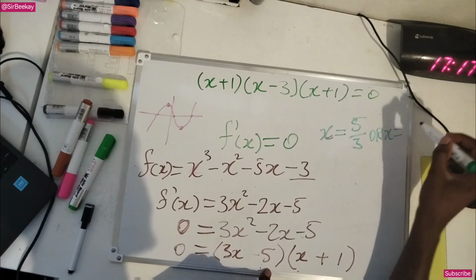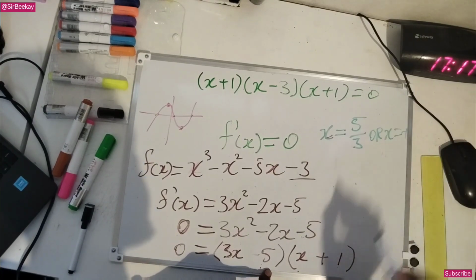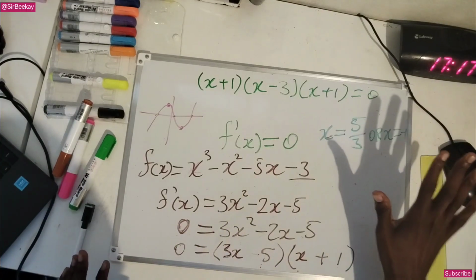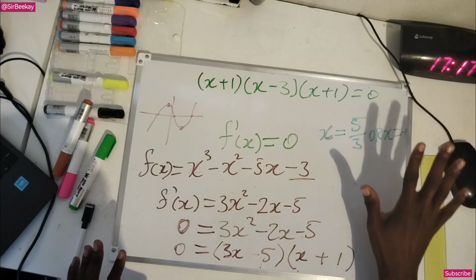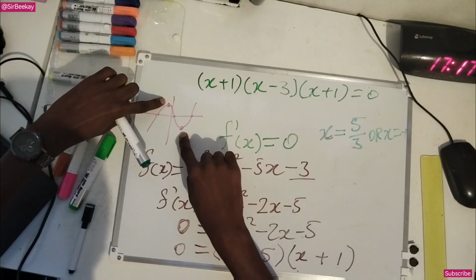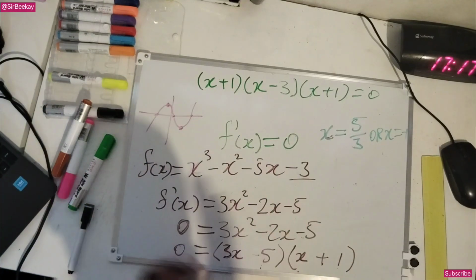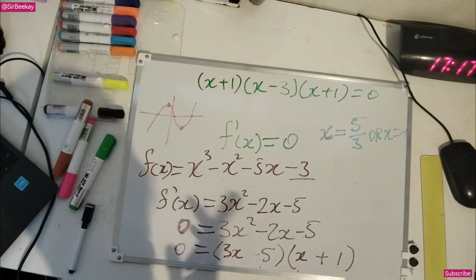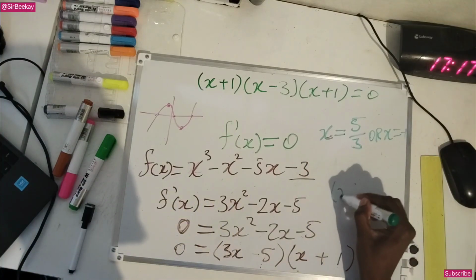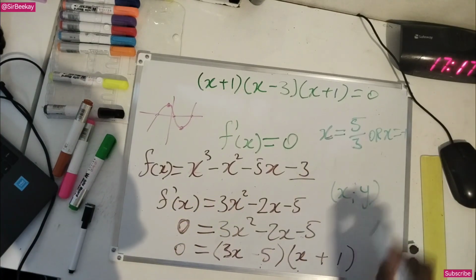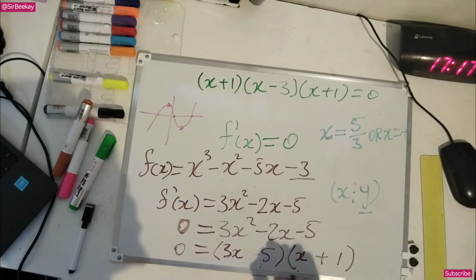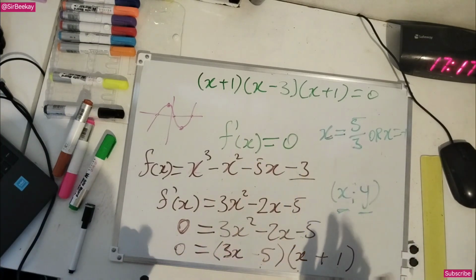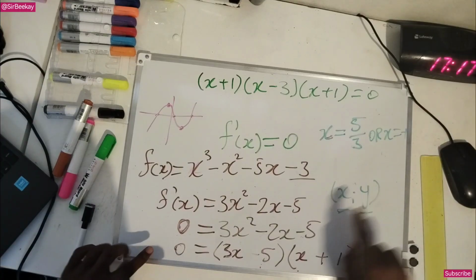These are my x parts of the coordinate. Remember I said x part. I haven't gotten the whole coordinate. Remember, a coordinate is made by x and y. So I haven't calculated this one. I just got these ones. So let us take these x values and plug them into our original equation.